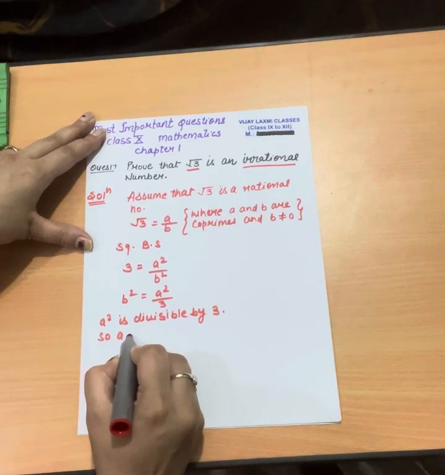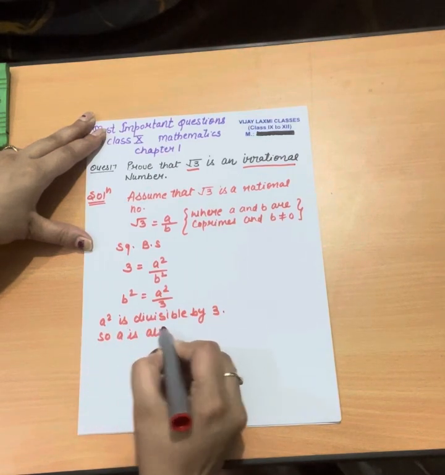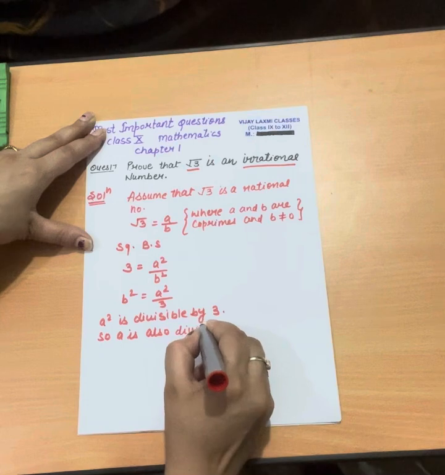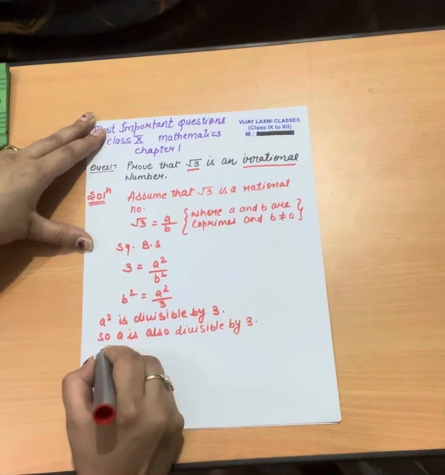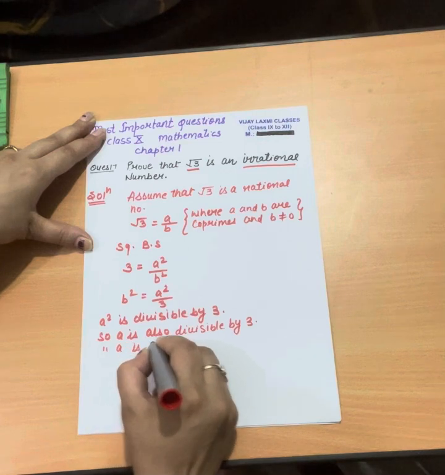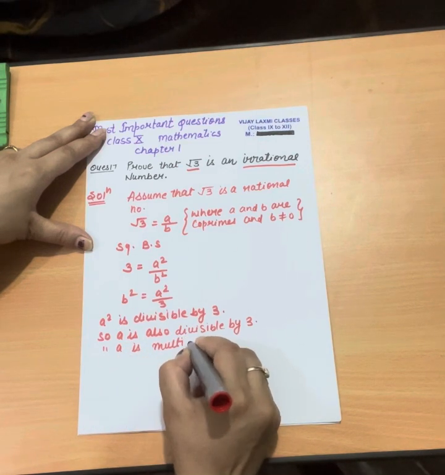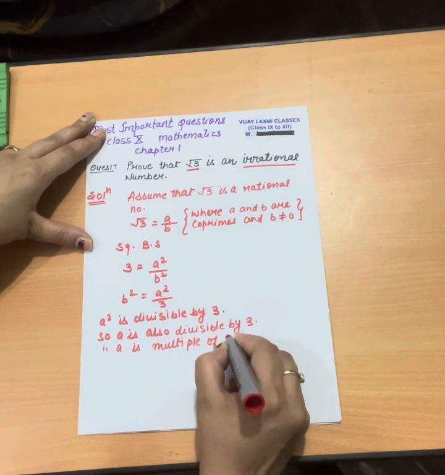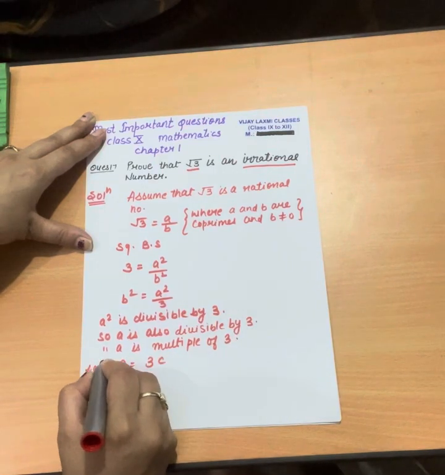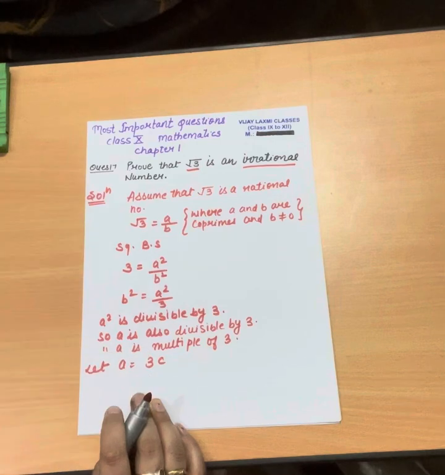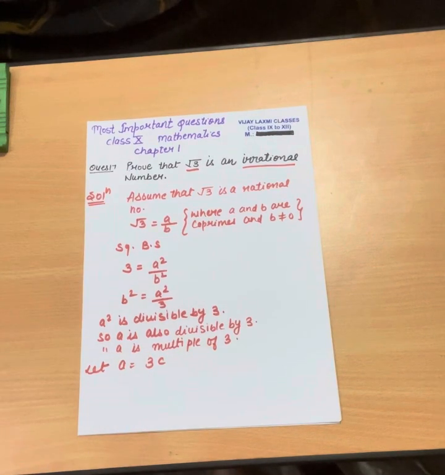So a is also divisible by 3. So a is a multiple of 3. That means a is equal to 3c. Let a be equal to 3c because a is a multiple of 3.